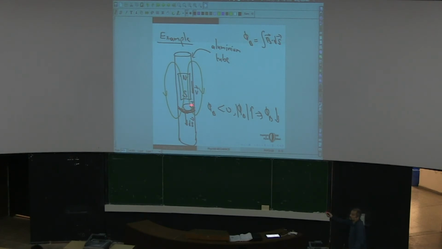If the magnet is moving fast, then the flux is changing fast. If the magnet is moving slowly, then the flux will be changing slowly. But it doesn't affect the flux itself, it affects how the flux changes. The only thing that the flux depends on is the distance of this area from the magnet.